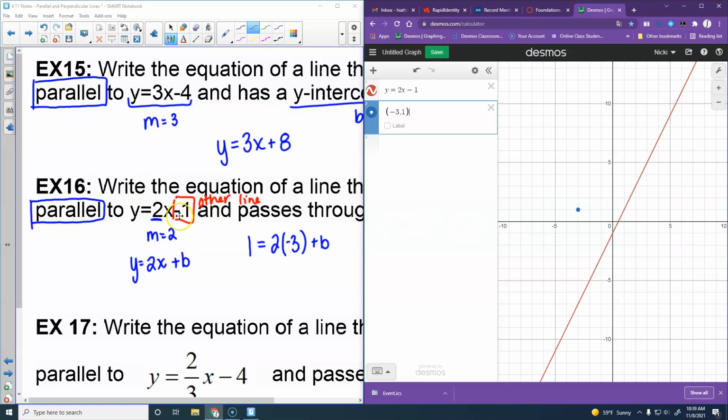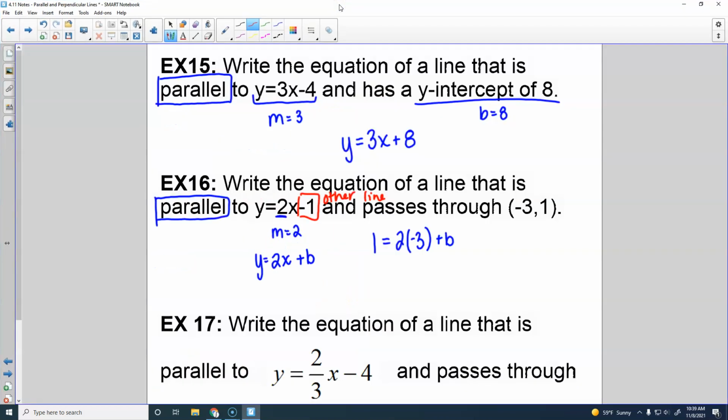You do not use the y-intercept from this line at all because it's for this red line right here. If I use it, it's going to throw me way off. So the only thing we pull from this line right here is the slope. On this last problem, we did not use that negative 4 at all, right? It was easier because it told us the y-intercept, so we didn't have to actually solve anything. So we don't use this.